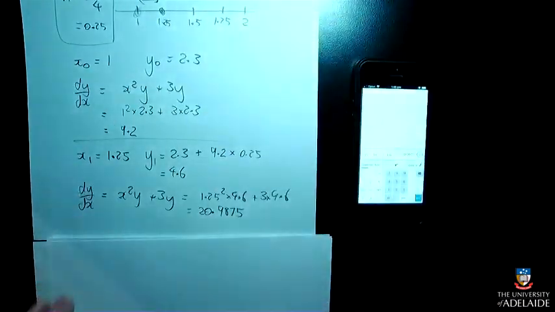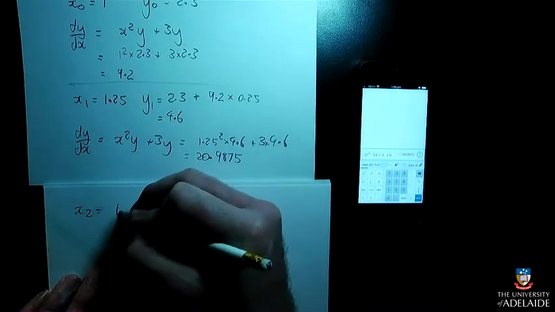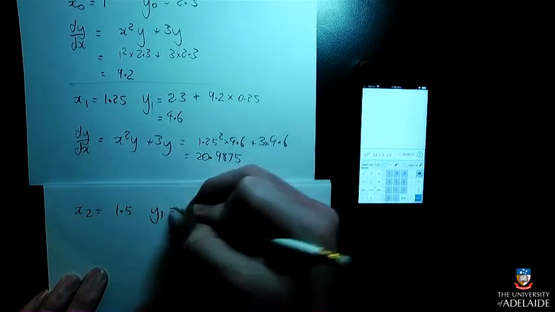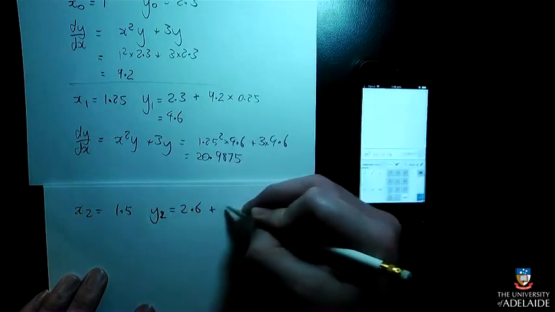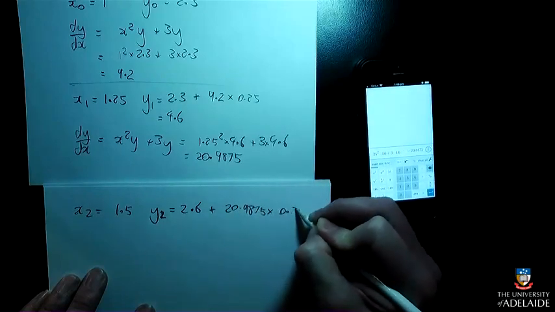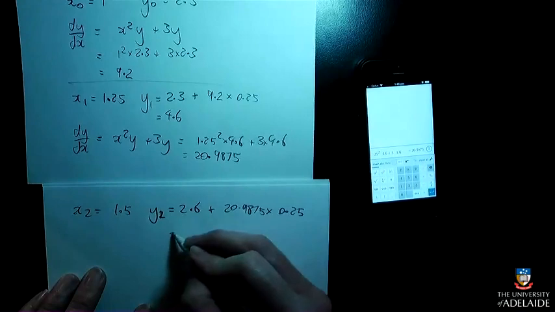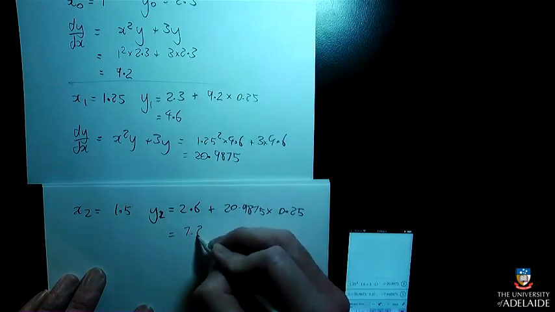I would do it at 1.5. So y2 will be the old y1 plus the slope times the step that I went, which is 7.84.